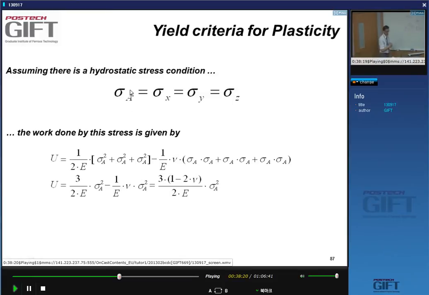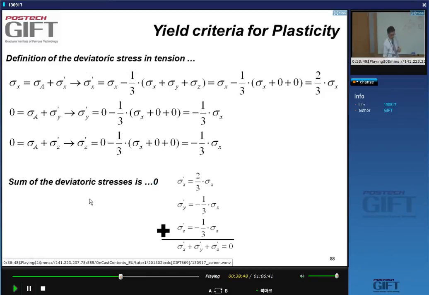So in this case, the work done by this stress, if we have this kind of stress condition where there is only a hydrostatic stress, then the energy for the deformation is given by this equation. Yes, this equation. All right, and we'll come back to that.